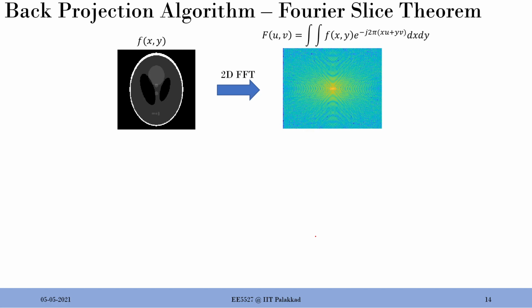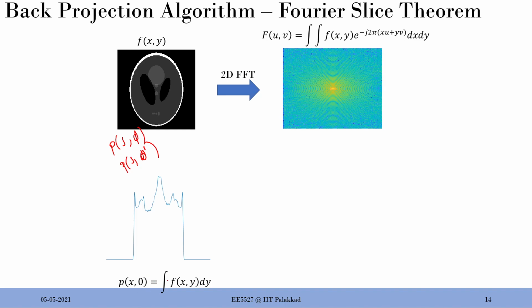Now let's take the projection. Let's say the zero angle projection; if I plot it, it looks like this. Zero angle means you take the projection p of s comma phi, and from that I take s comma 0, zero degrees. So at angle 0, the plot of p of s, phi will look like this.